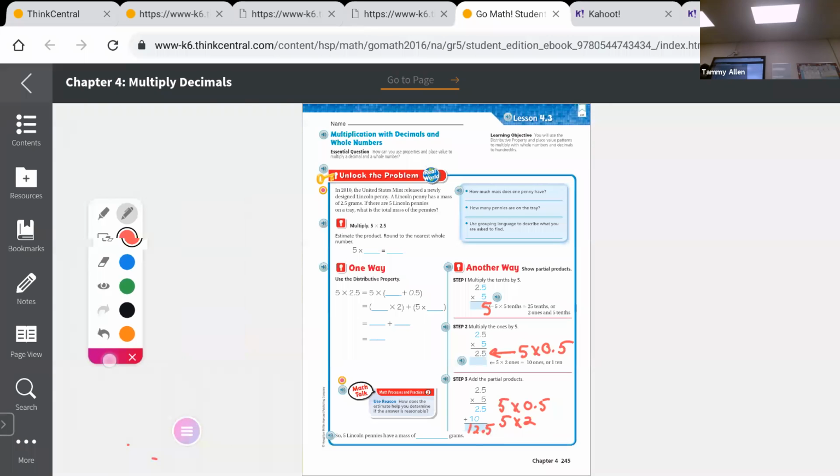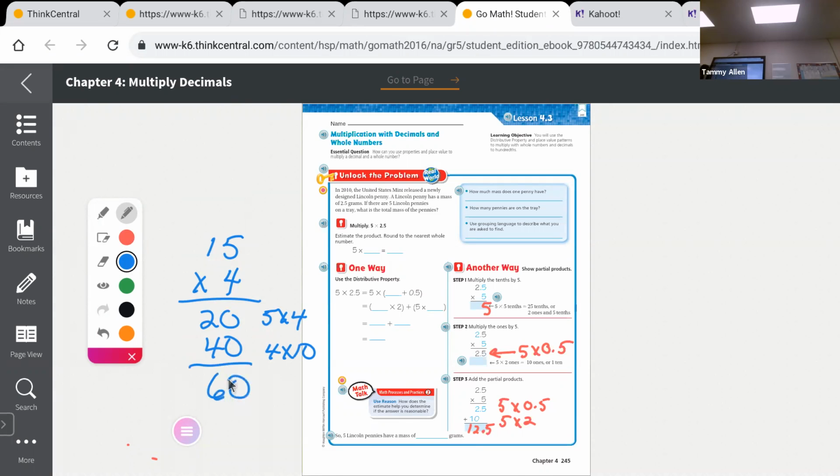So that goes back to when we did like 15 times 4. 5 times 4 is 20. 4 times 10 is 40. Remember that? Yeah. We added them together and we got 60. Okay? So that goes back matching up with that.